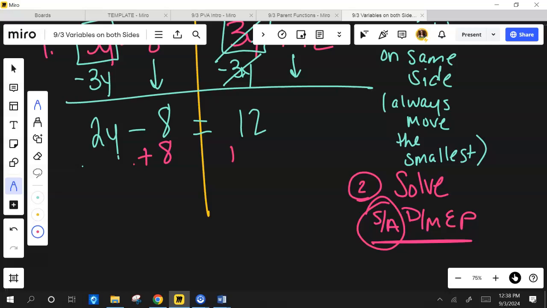At 12. Tell me what's left on the left side of the equation. 2y. What happened to the 8? What about the other side of the equation? What do you get? You get 20.